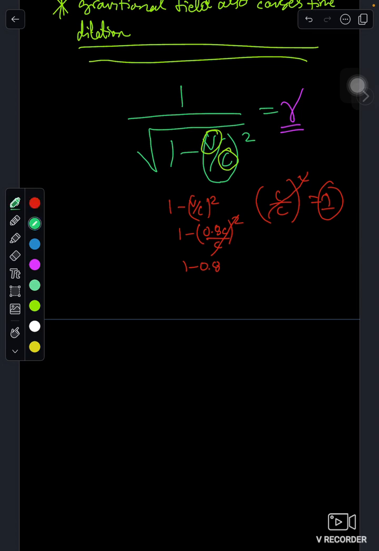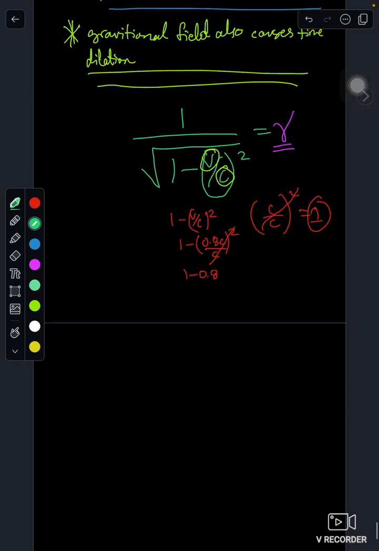Then when we study this formula closer, we get 1 over the square root of 1 minus a value, and that value is close to 1. Let's suppose 0.8 or 0.9.